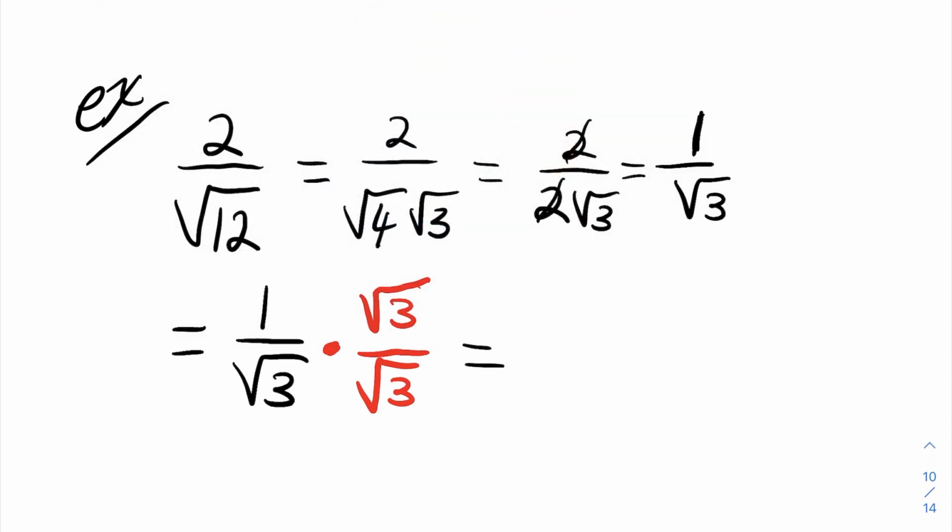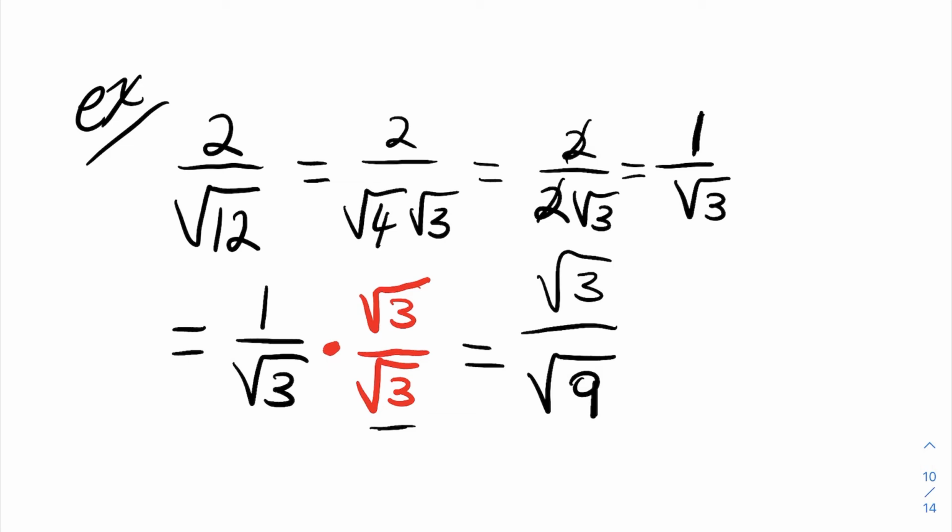So the goal is to multiply by another square root, another radical. If it's a square root, you multiply by another square root. That's going to give you a radicand that will produce a rational number. In this case, 9 is what I was aiming for. And on top I still have the square root of 3.